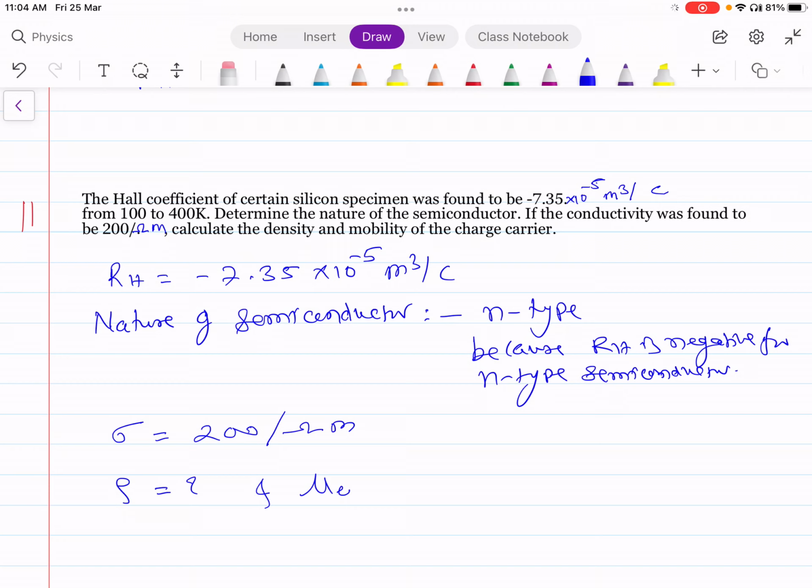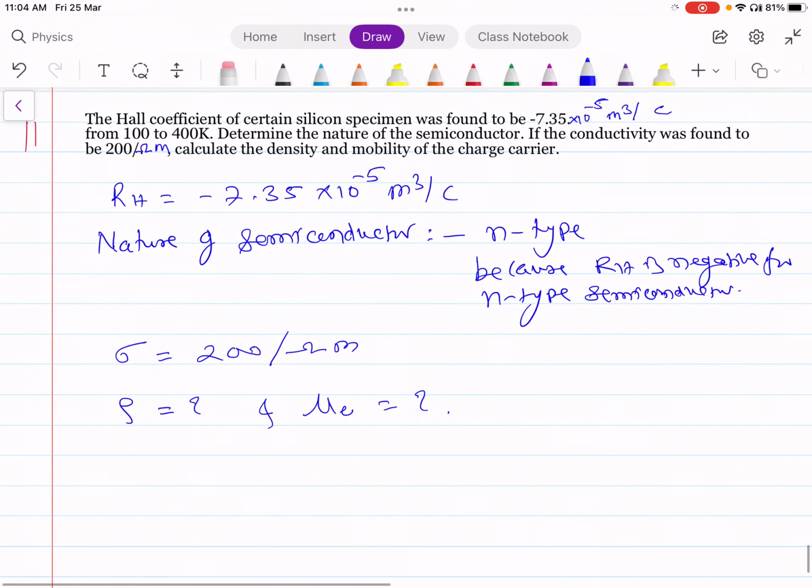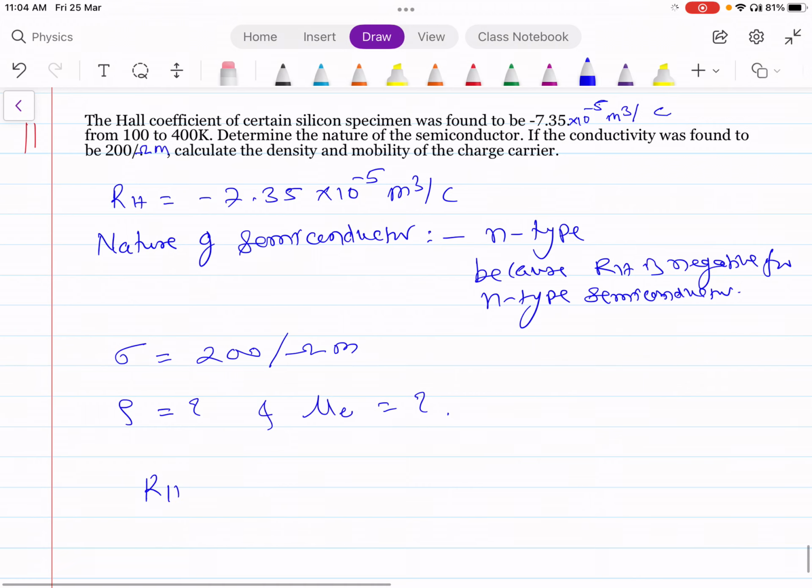In this case, this is N-type semiconductor, so charge carriers are electrons, so we have to find mu e, the mobility of electrons. We know the relation for RH is equal to 1 upon n into e.